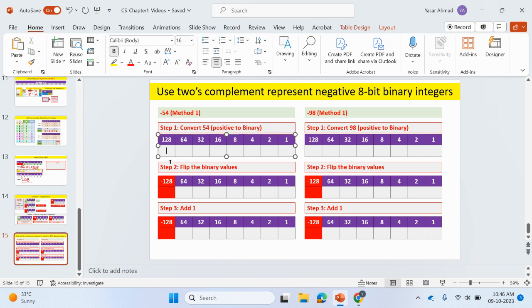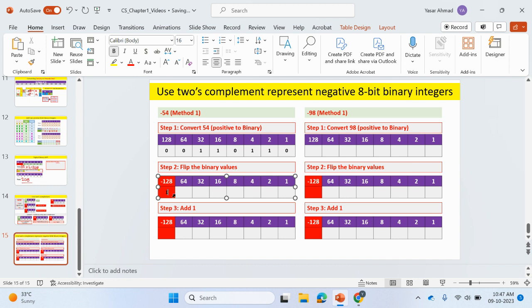So 128 does not go into 54, 64 does not go into 54. 32 does go into 54, and we're left with 22. 16 does go into 22, and we're left with 6. So 0 here, and a 1, 1, 0. Now the next step is to flip the values.